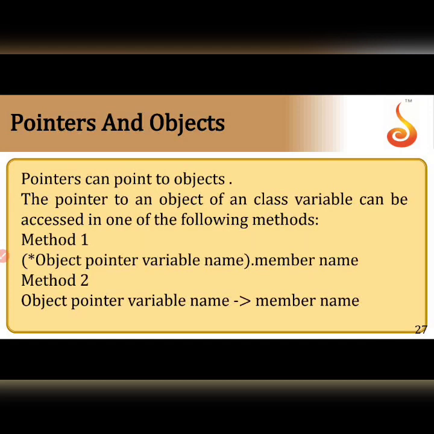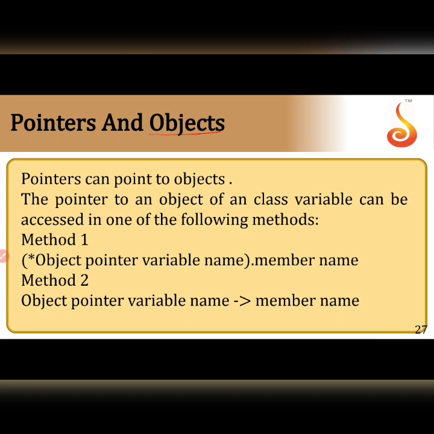We'll continue with pointers and objects. We did pointers and strings, pointers and function arguments, and pointers and structures, and now it is pointers and objects. So we all know what an object is. An object is an instance of a class. If you want to access the data of the class, whether it's a member function or the data member, depending on the visibility mode, you can access it.